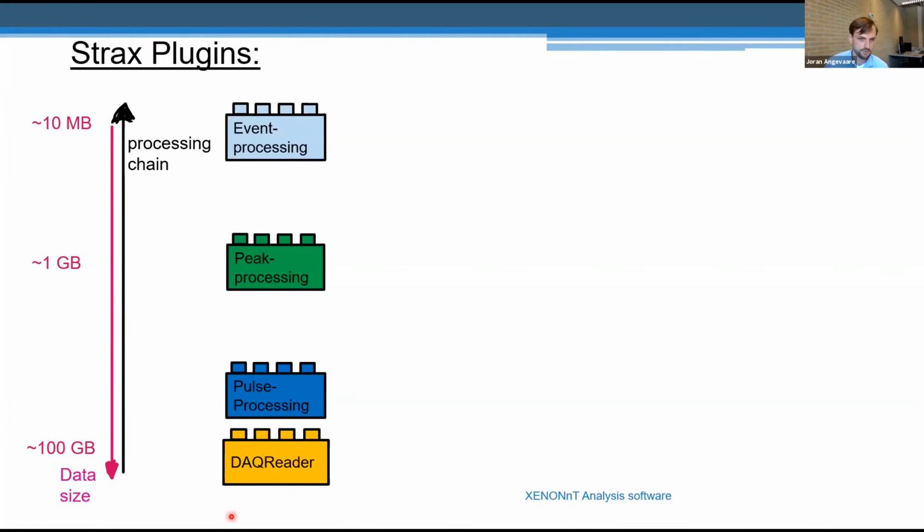This is typical for a 1 hour run. However, if you go further up in the chain, you're doing the triggering, you're doing the triage, you're making selections, the data becomes much smaller very quickly. And in the end, when we're talking about events, we're orders of magnitude smaller in size.